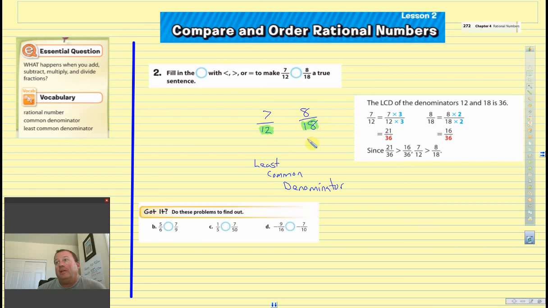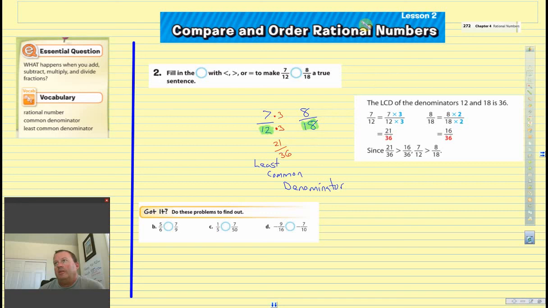Well, how do I get 12 to 36? I can multiply it by 3. But you have to make sure you do it on both sides. So what do I get? I get 21 over 36. So what you do is you start multiplying until you get your numbers.